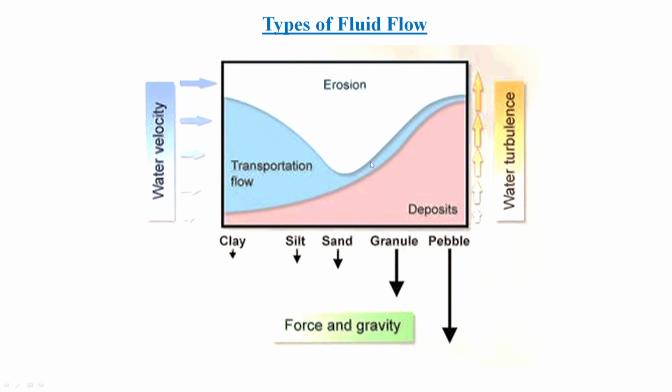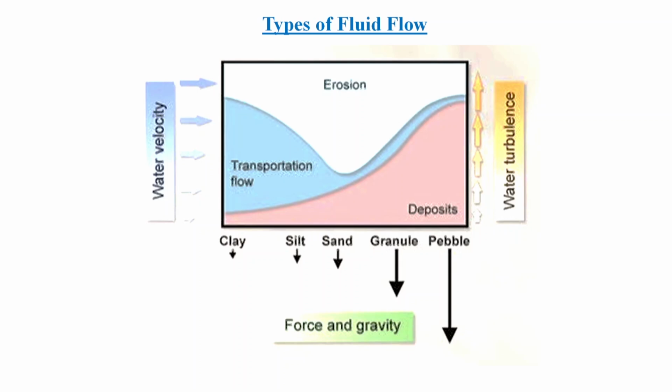Now if I again look at this graph that we discussed a little bit when we discussed sedimentary rocks, on one side I have the water velocity, on the other side I have the water turbulence. I am grouping this into two halves. One is the horizontal component, on the left side of the graph, and the other is your vertical component that reflects the turbulence within the stream or river.